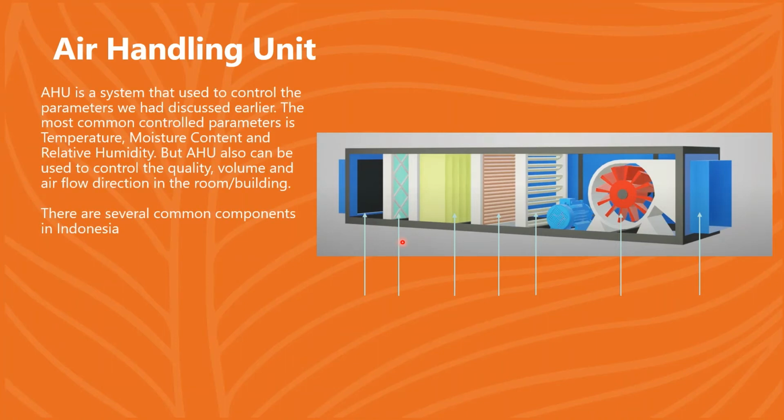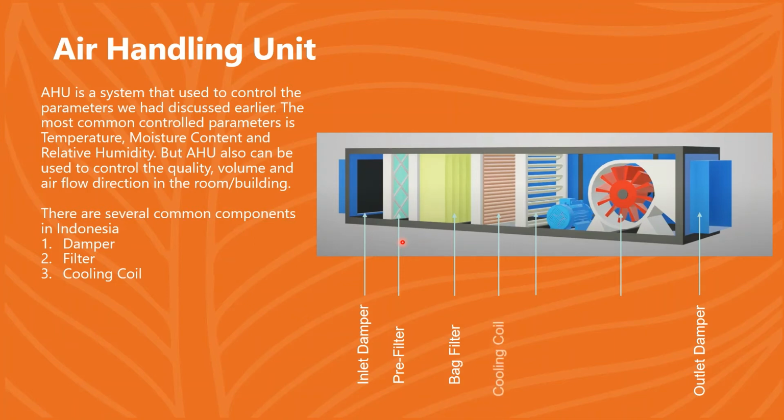There are several common components in Indonesia. The first is the damper, the second is the filter, then the cooling coil, and the last one is the static pressure fan.